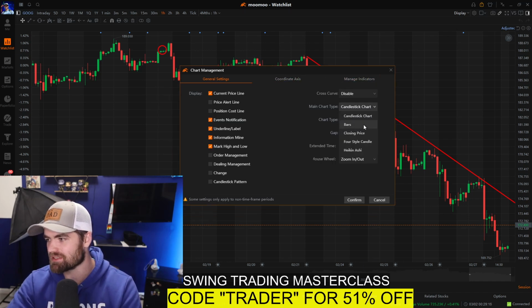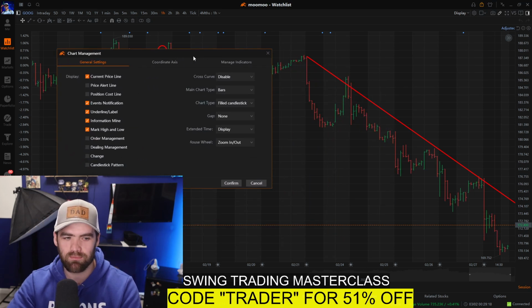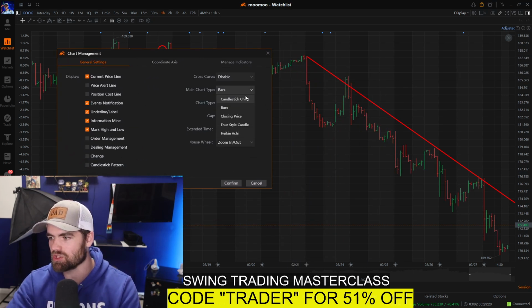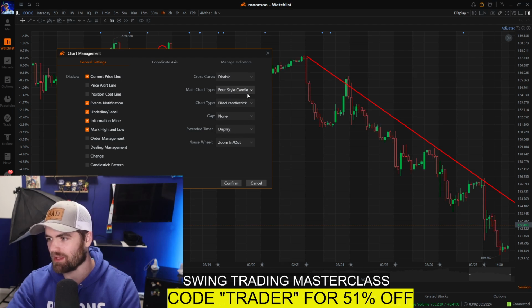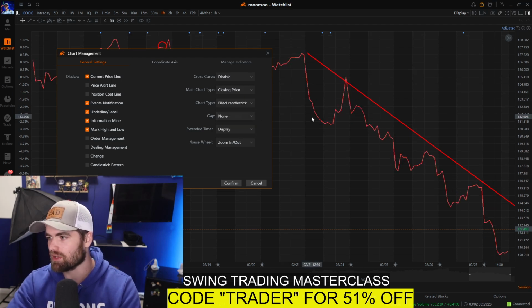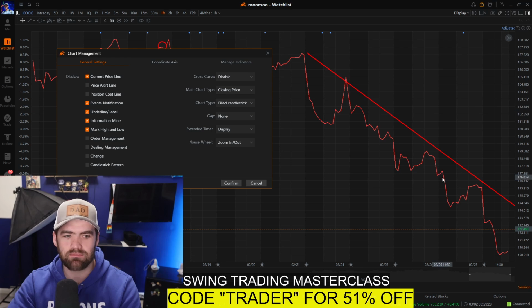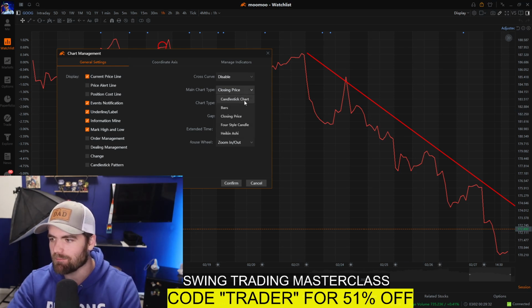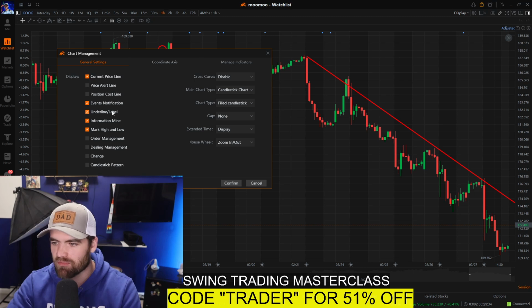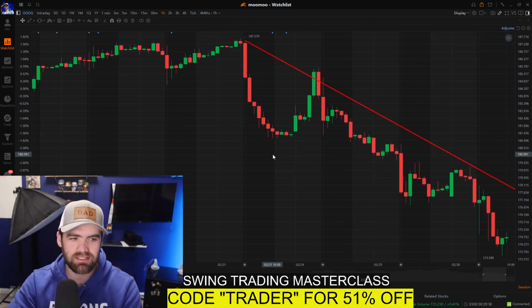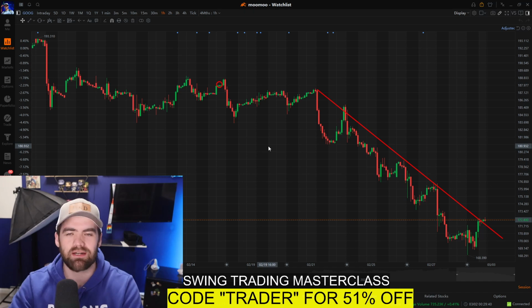You guys can see the difference here between the bar chart, the four style candle, and the closing price, which is the line. Now for me, I'm going to use candlesticks. I have them filled in just because it makes it look better, right? It makes it look easier and just better.